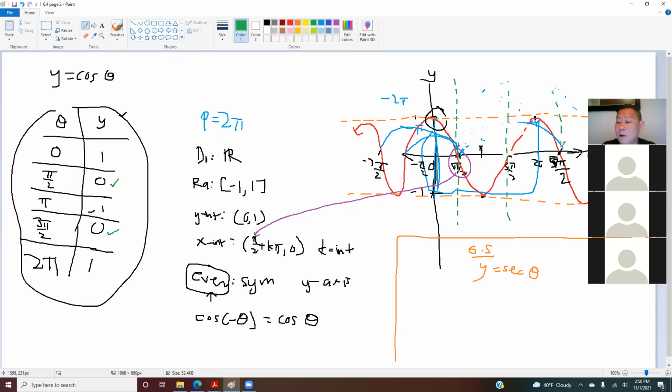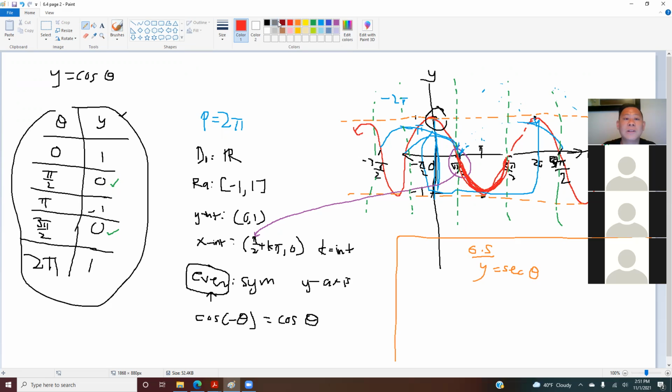If you look carefully, it's all odd over 2, like pi over 2, 3 pi over 2, 5 pi over 2, 7 pi over 2, negative pi over 2, negative 3 pi over 2. And you notice that when you do this, you get a whole minimum here, or like one that opens downwards.